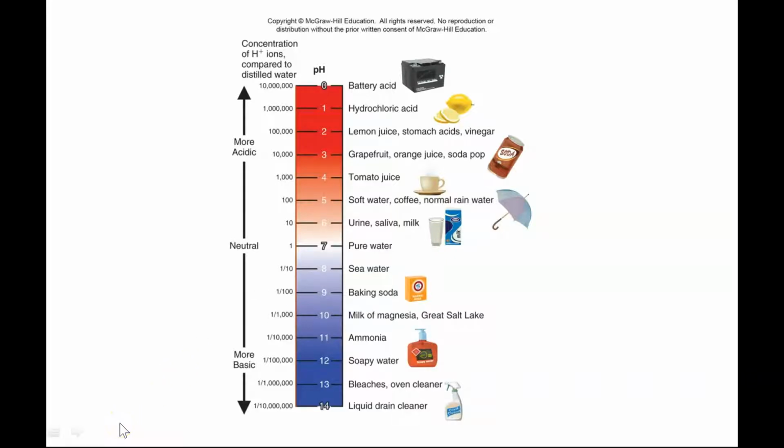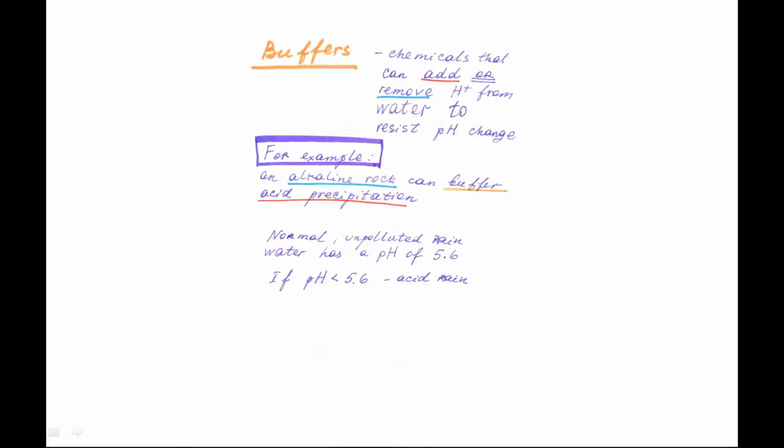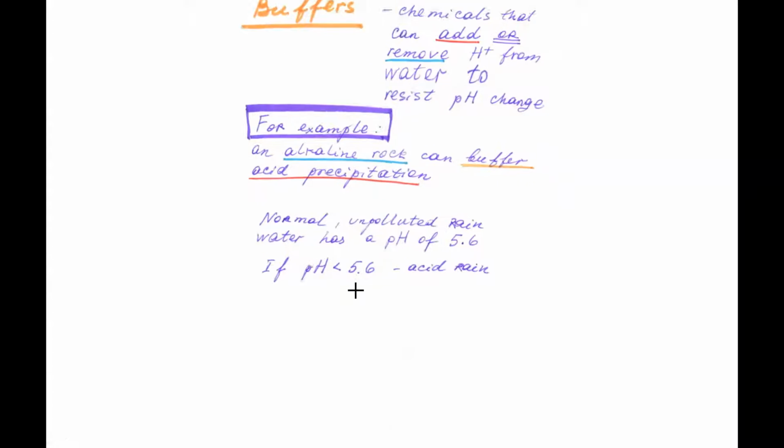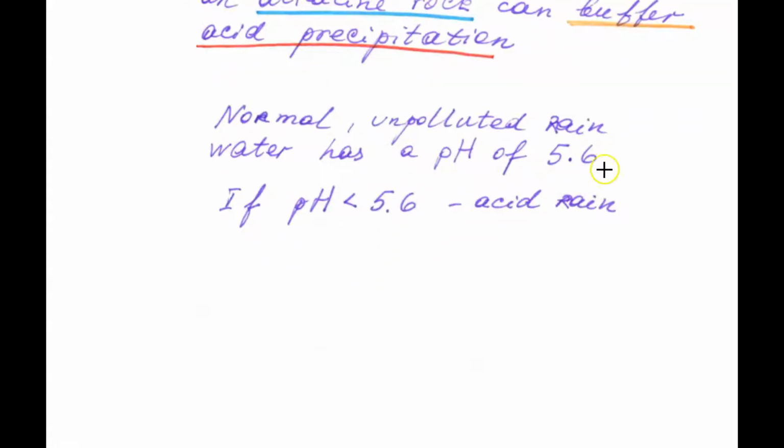Now, if we collect rainwater, presumably nobody added chemicals there. So we are talking about pure unpolluted rain. So why is it that the pH of rainwater is 5.6? This is the first question that we would like to ask. The pH of rainwater of 5.6 is considered to be pretty normal. And the question is why it is 5.6.